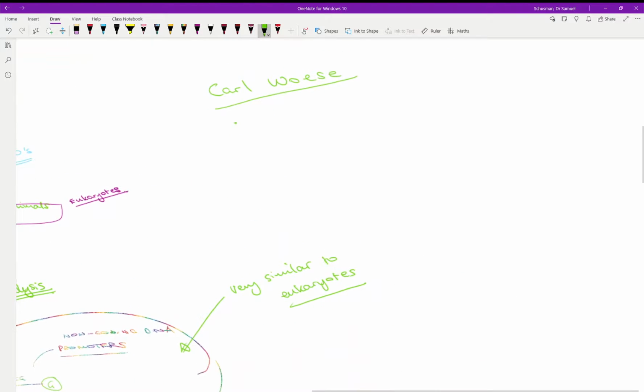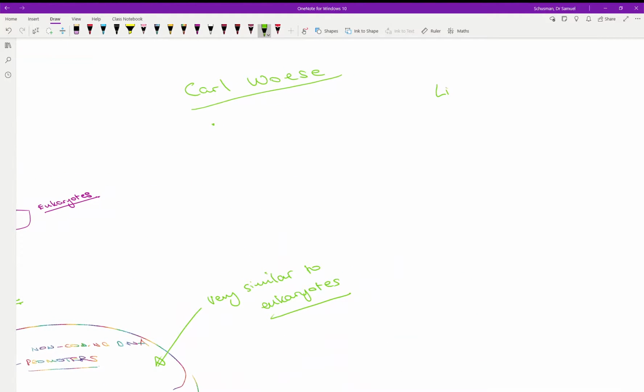So if we zoom in over here, we had life, and you had the prokaryotes, which were your bacteria, or in this case eubacteria, with no non-coding DNA.